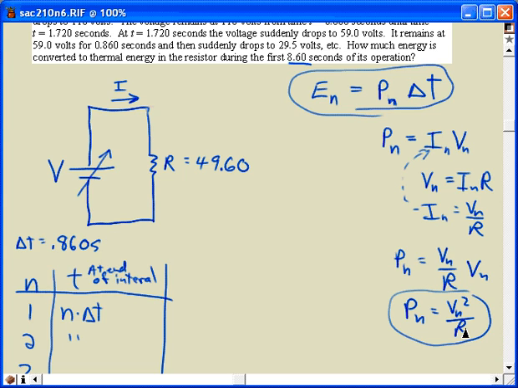And the power during the time interval is just the voltage squared divided by R.